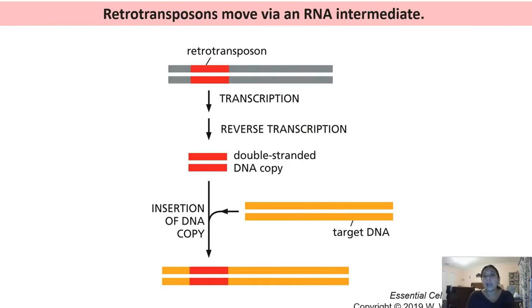So looking at a retrotransposon, because it is using an RNA intermediate, it's going to need additional supplies, right? It needs a way to be able to transcribe that DNA and then reverse transcribe it into a double-stranded DNA copy. However, it then has this extra ability to create multiple copies of itself and put them all over the genome wherever it gets inserted.